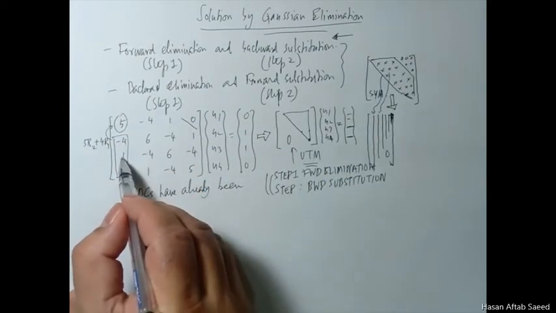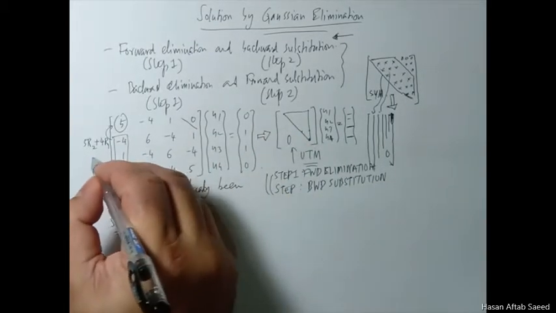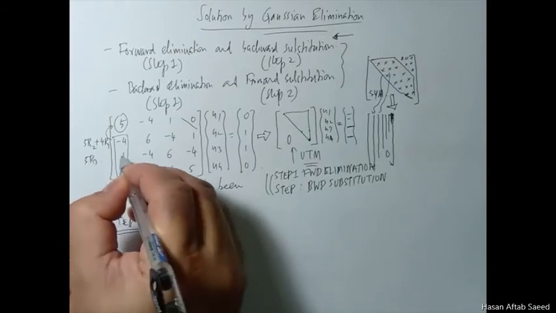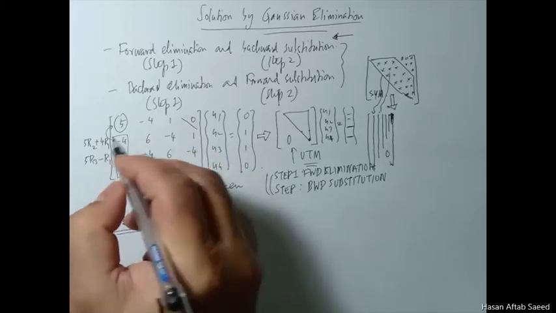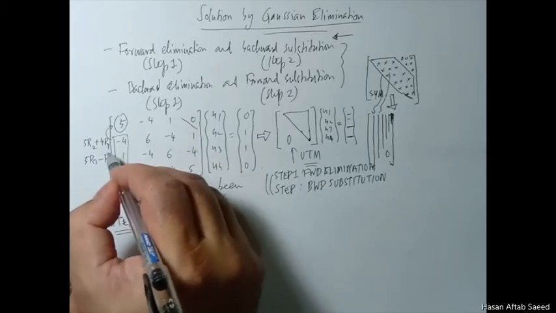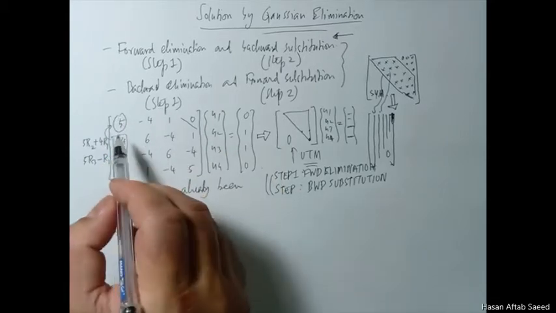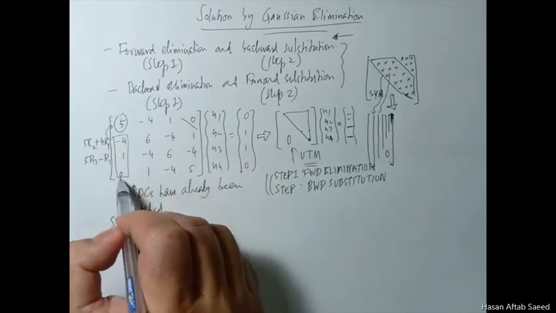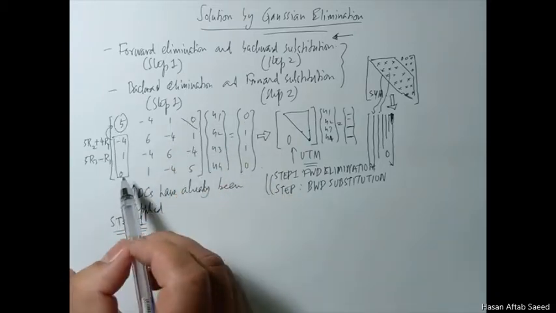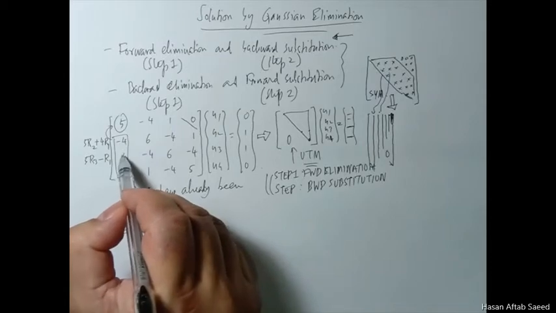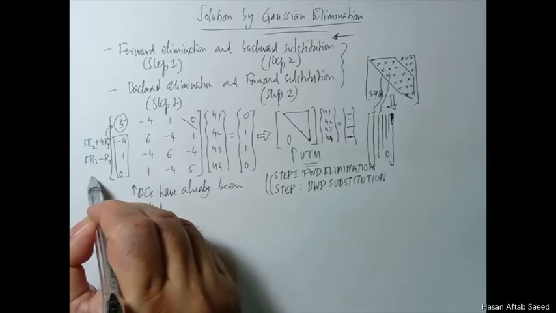Similarly here, if you multiply 5 with R3 and then subtract R1, and this R1 keeps coming up because it is the pivot. We are going to use this number. Obviously we are not applying this on this column only, you have to apply it across the board, but this is how you decide. This one will become 0 if we do this, and this is already 0, so we don't need to do anything here.